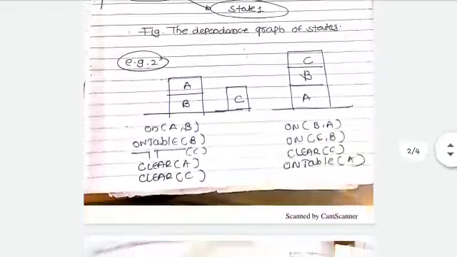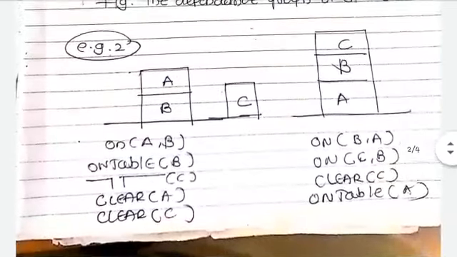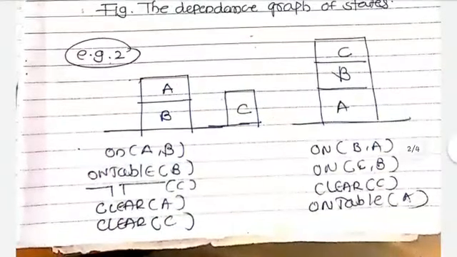Okay, let's take the next example, related to the block world. We already discussed the concept of block world in the last lecture. Block world means the same size of blocks which are to be put on a table, a flat surface.